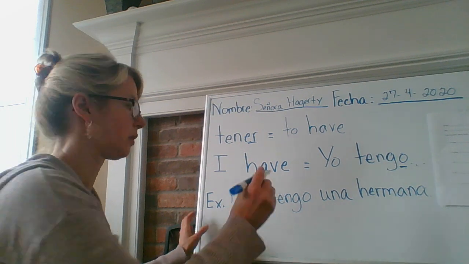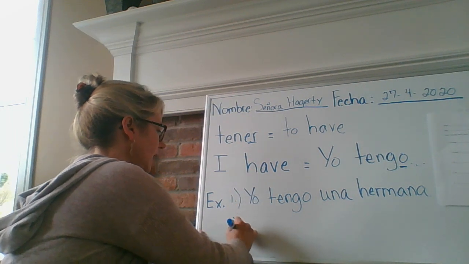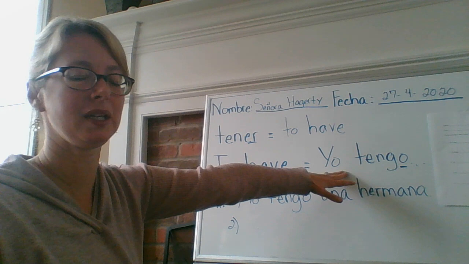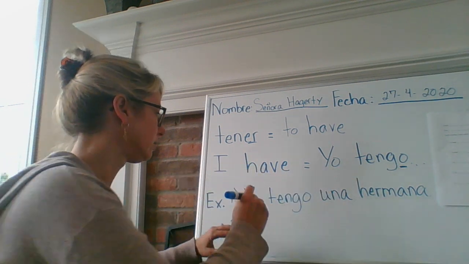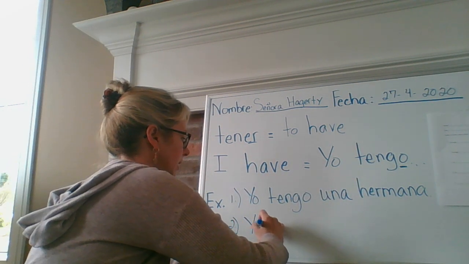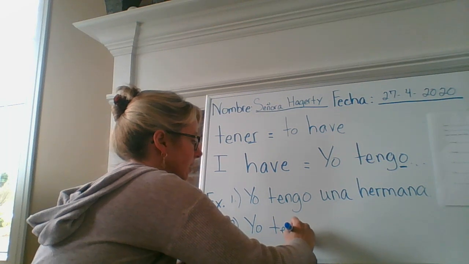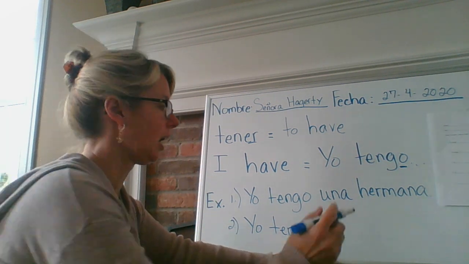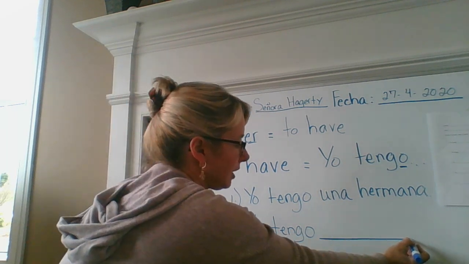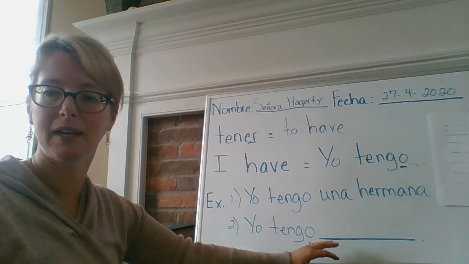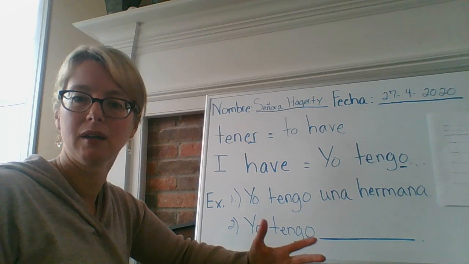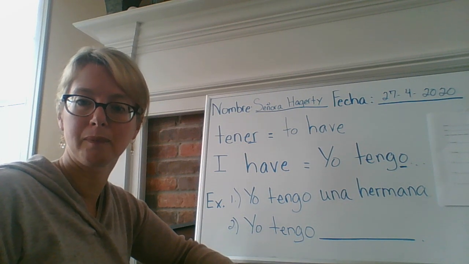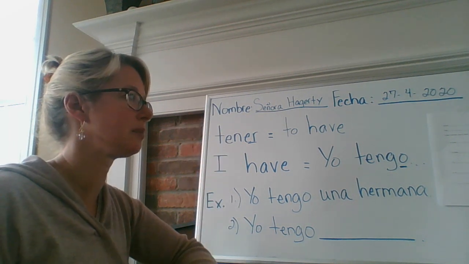Then I'd be ready to go on to my next sentence. I'm going to use the same beginning. Yo tengo. And now you're going to tell me somebody else who you have as a part of your family. On your worksheet, you're going to see a blank line like that. On that line is where you're going to write who you have as part of your family. You have to do this 5 times.